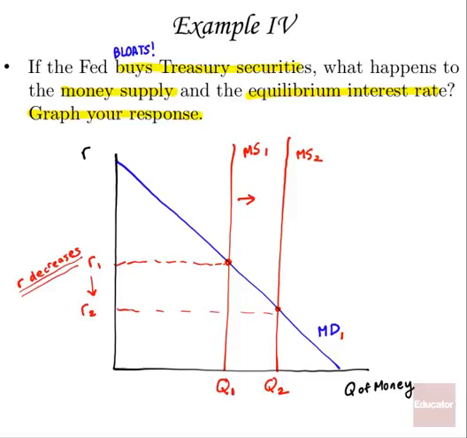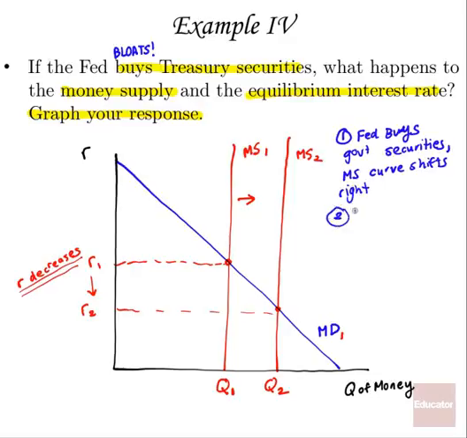And so again, to fully understand what's going on, when the Fed buys government securities or bonds, the money supply curve shifts right, or there's an increase in money supply.